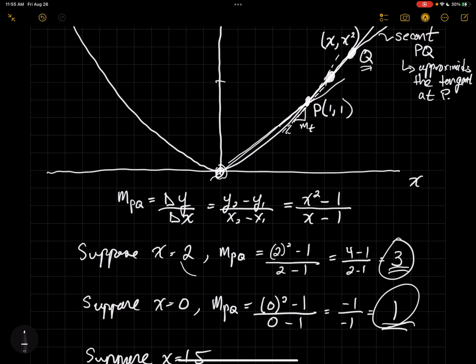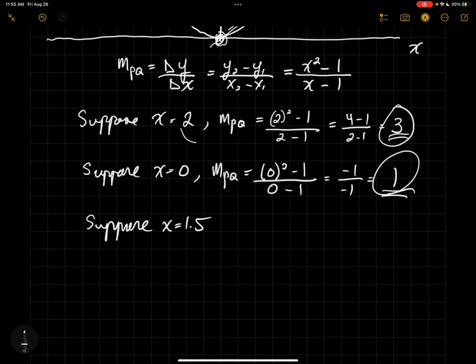So we now have x equal to 1.5. When we do that, the slope of our secant between P and the new location of Q at x equals 1.5 is again our change in y with respect to x. So this would be 1.5 squared minus 1 divided by 1.5 minus 1. And that gives us a value of 2.5.